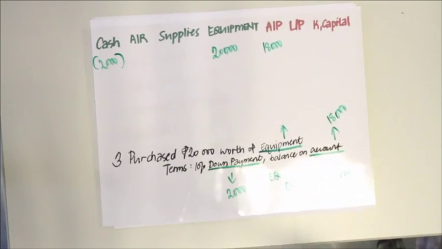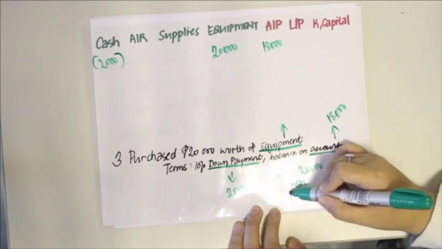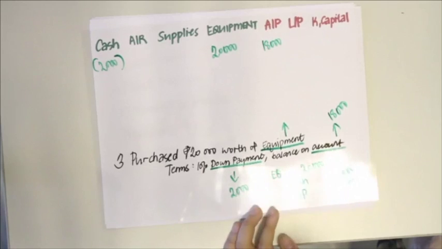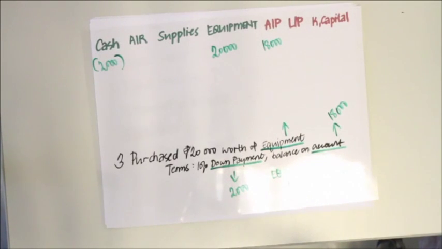And then you have an increase in your liabilities of 18,000, so you have to credit accounts payable. There you go. That's the journal entry for this transaction. Debit equipment for 20,000, credit cash for 2,000, and credit accounts payable for 18,000.